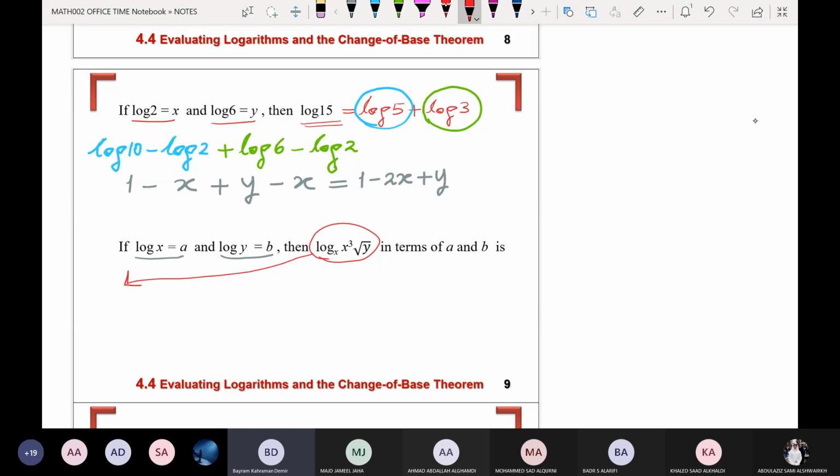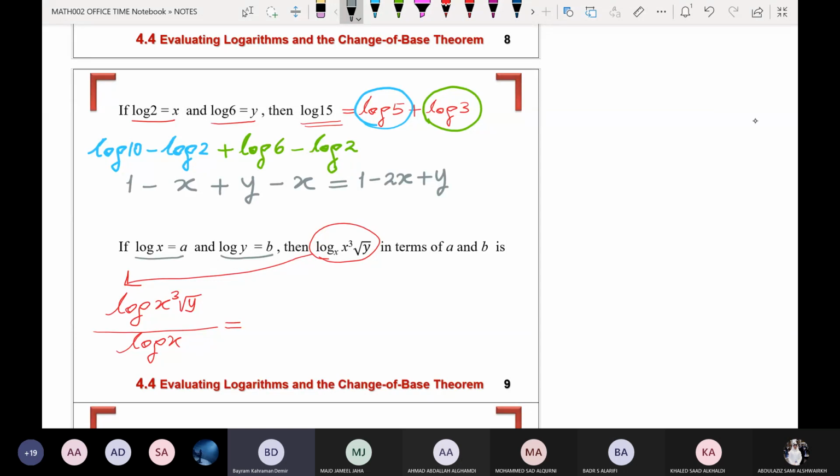All right, so let's write this expression, Shabab, with base 10. So how can I change it to base 10? It becomes logarithm of x cubed root y, base 10 of course, divided by logarithm of x. So now I changed to base 10. This is the first important step, Shabab.